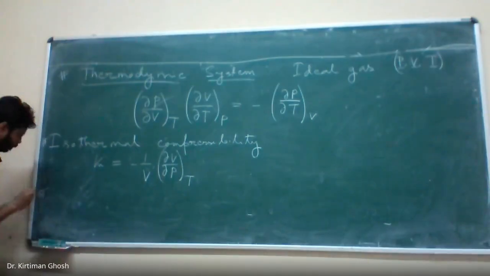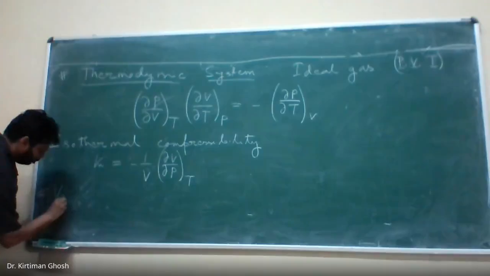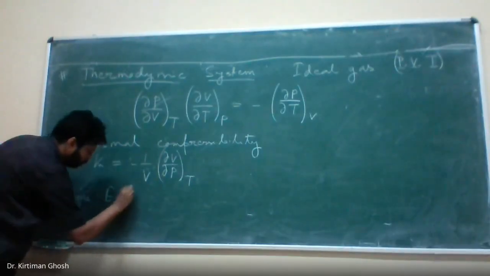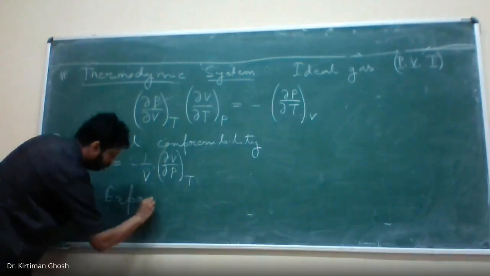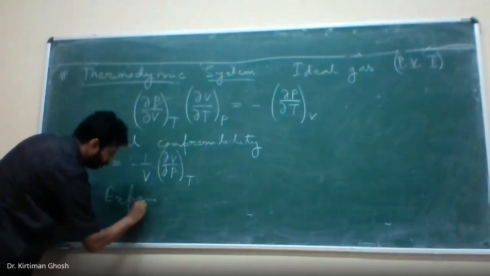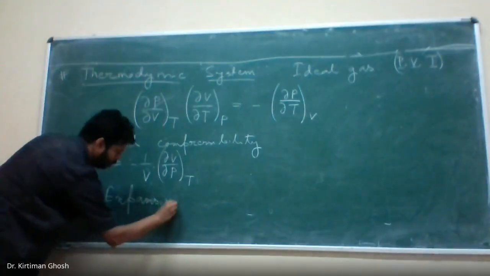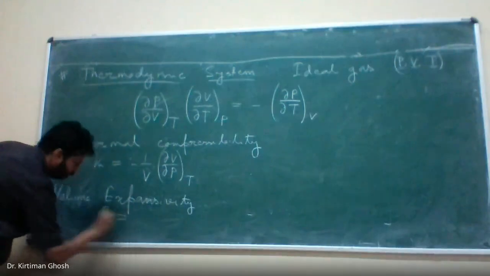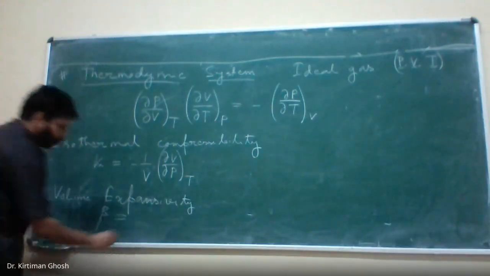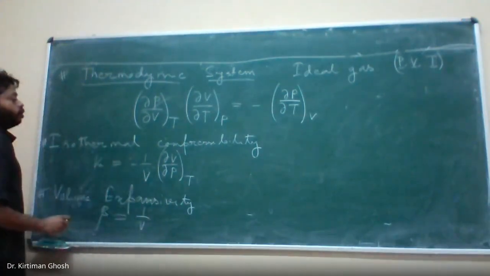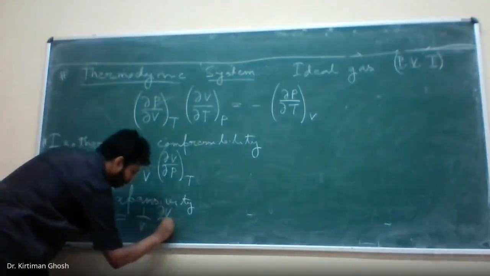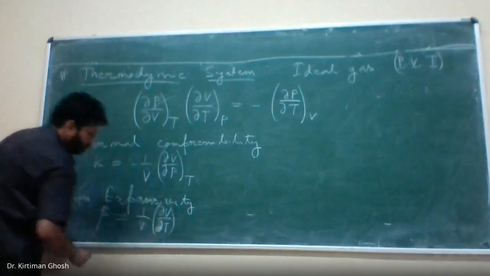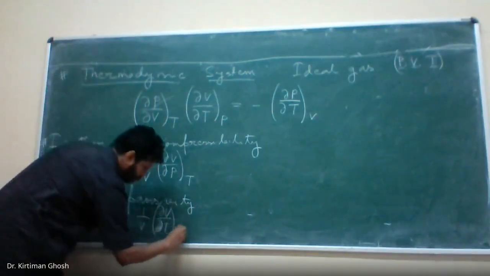Then you can define another quantity which is called volume expansivity, which is defined by this quantity called beta, which is nothing but 1 over V del V by del T at constant pressure.